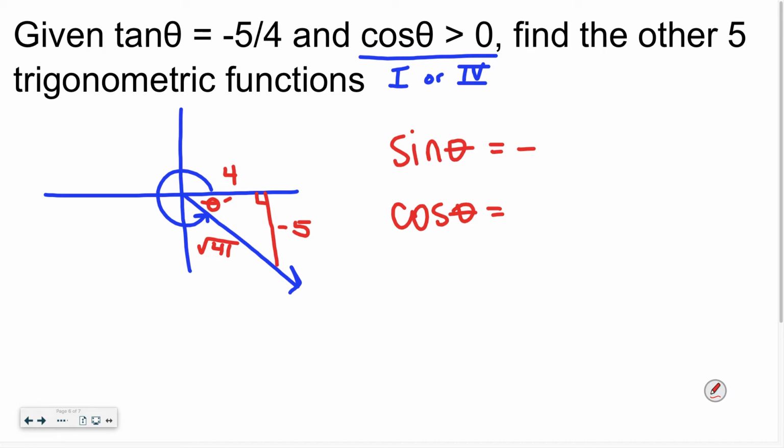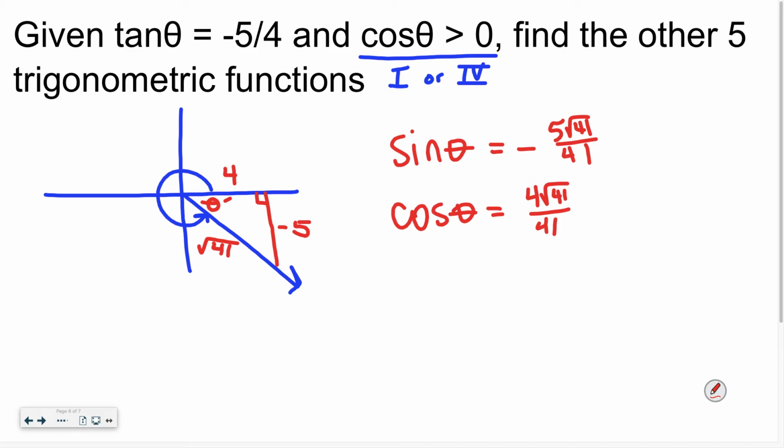So now we can identify our sine ratio as opposite over hypotenuse, and cosine adjacent over hypotenuse. And then of course we'll have to rationalize those fractions. You don't want 4 over radical 41.